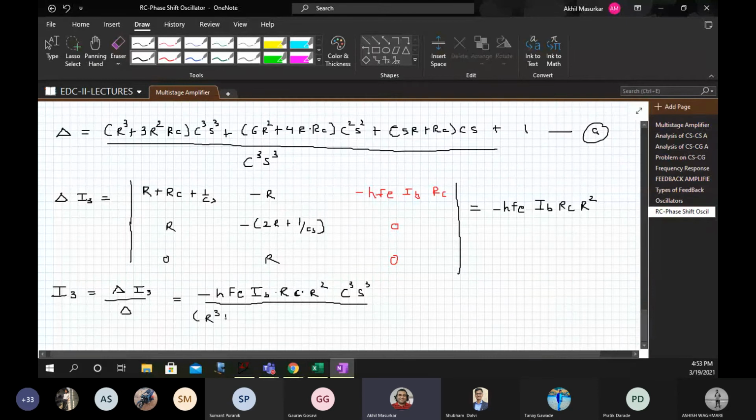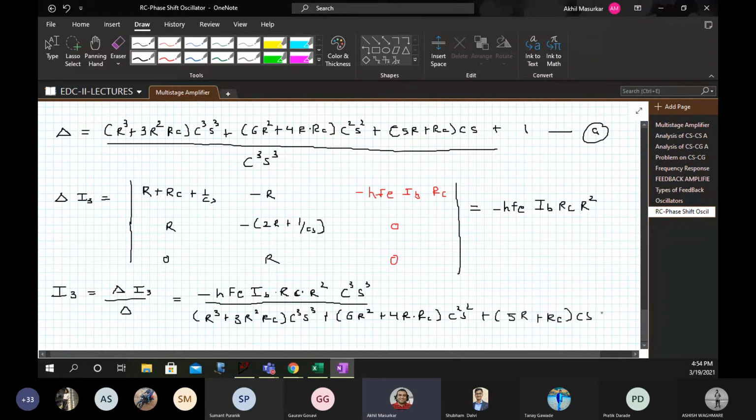First term was R cube plus 3R square RC into C cube S cube plus 6R square plus 4R into RC into C square S square plus, we can write 5R plus RC into 6.